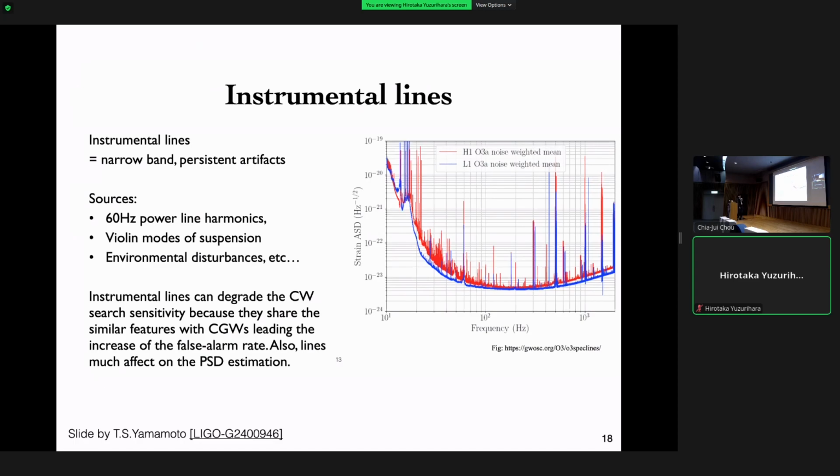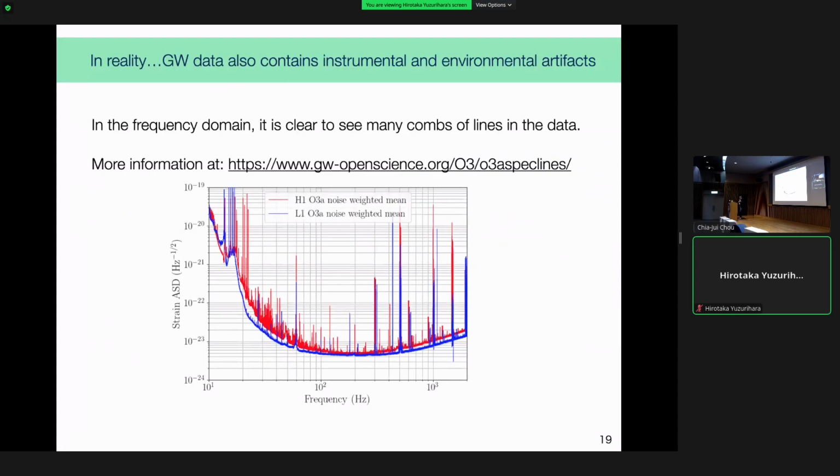Another source is environmental disturbance. Instrumental lines can degrade the continuous wave search sensitivity. It is clear that many combs of lines appear in the data. Information about known line noise is summarized on the GWOSC page, so please see that.